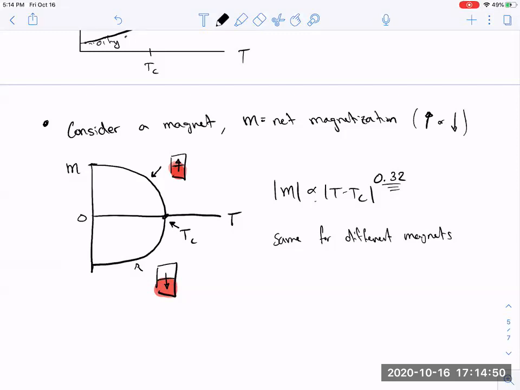Not only is there the same exponent that tells me how the composition changes as I take a mixture and heat it up, but if I take something that really does seem completely unrelated to the two, like a magnet, and ask how does the magnetization change as I increase the temperature, I get the exact same exponent to empirical accuracy. And these numbers have been measured much further than 2 significant digits. I just don't remember them.